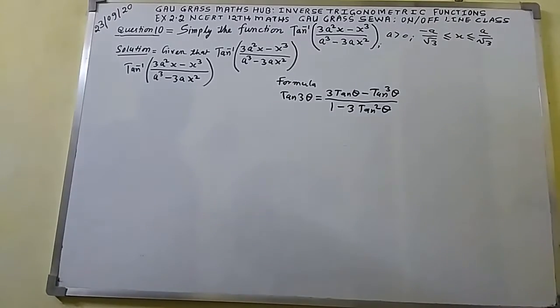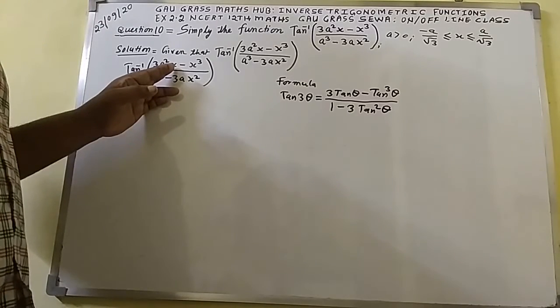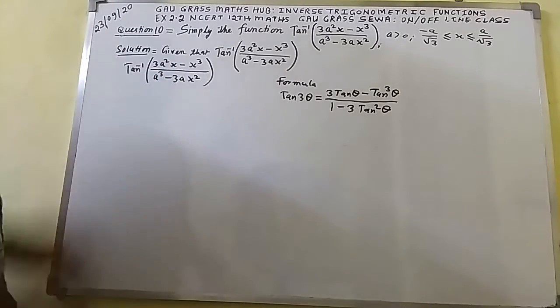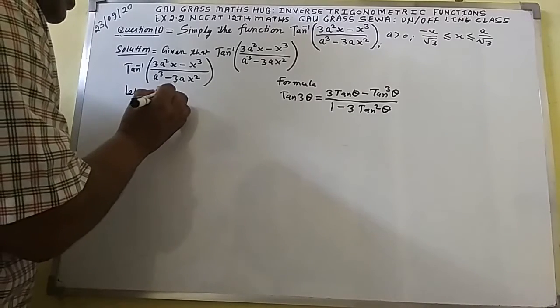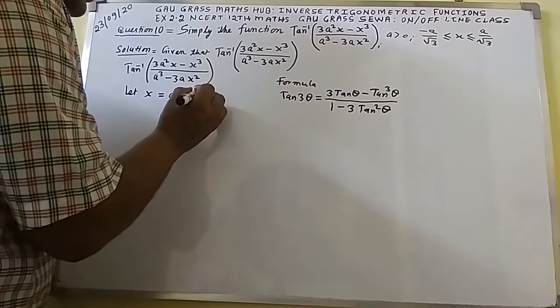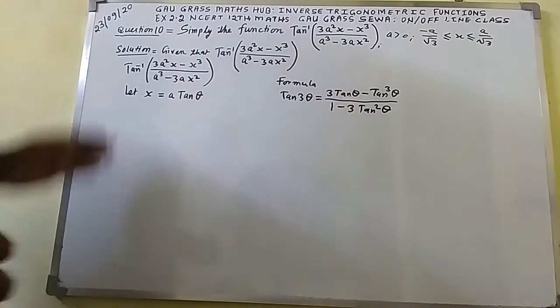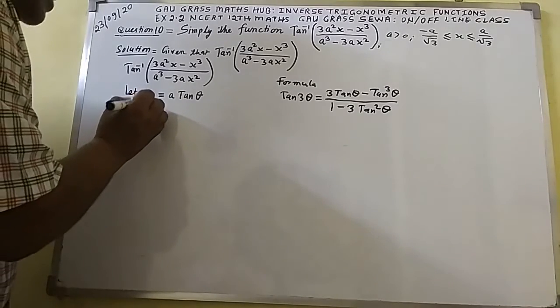This is the formula which we will apply here. If we let x equal to a tan theta, so here I shall write: let x equal to a tan theta.